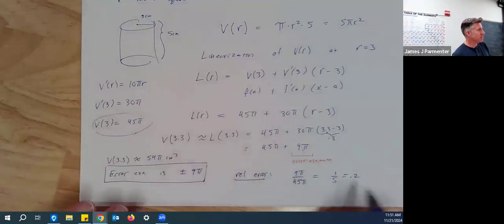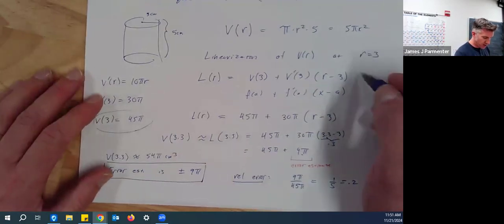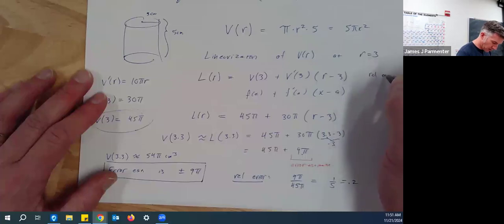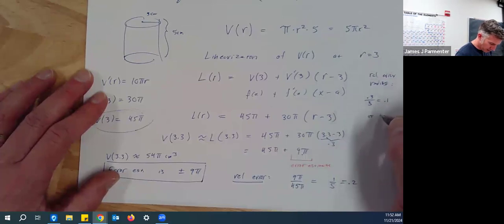Let me give me one more second here. I'll point out that the relative error for the radius is 0.3 divided by 3, which is just going to be 0.1 or 10%.